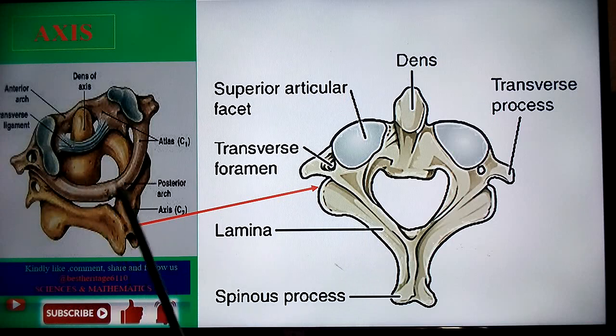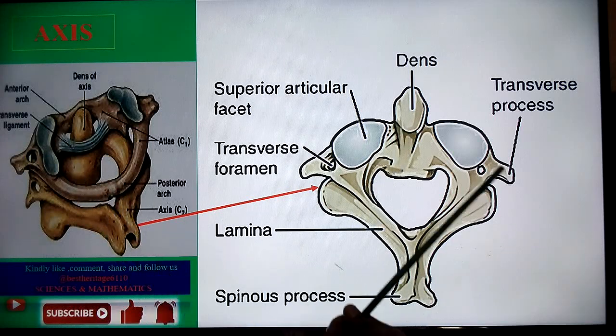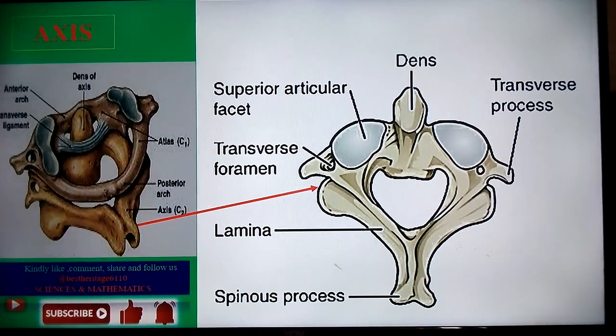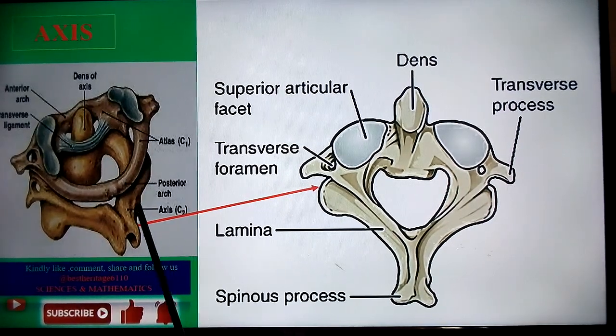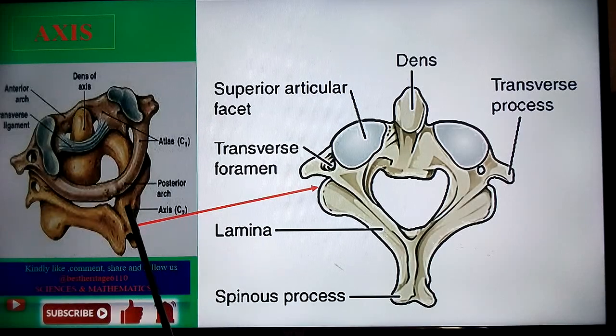But in our case, I was trying to illustrate the different characteristics which we can note, which are going to assist us to differentiate between these 2 distinct bones, the axis and the atlas respectively.